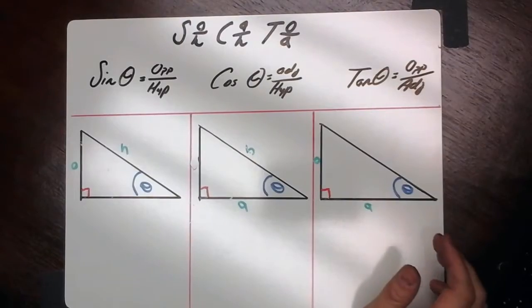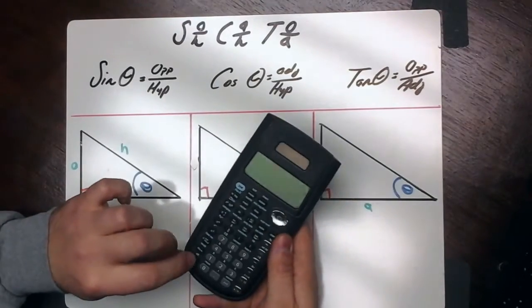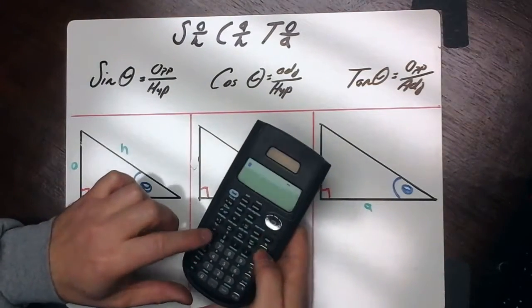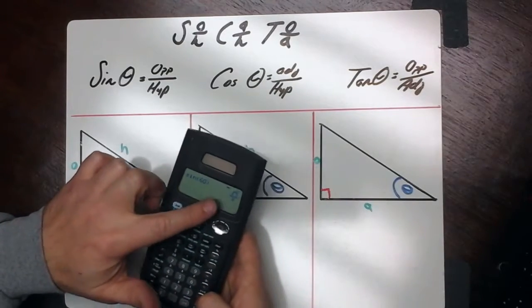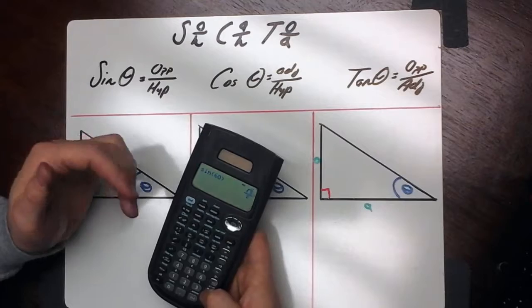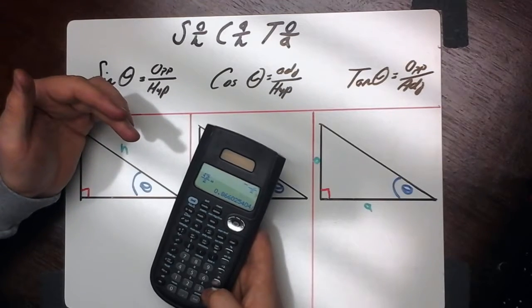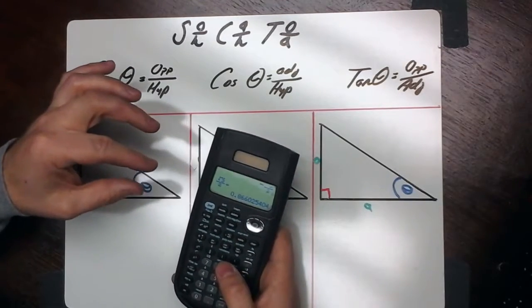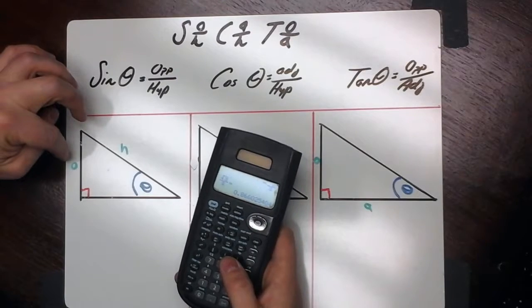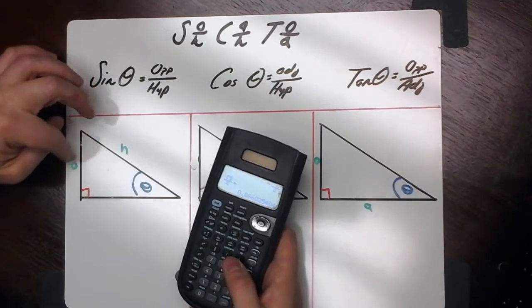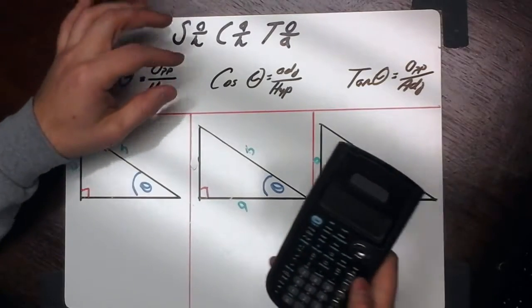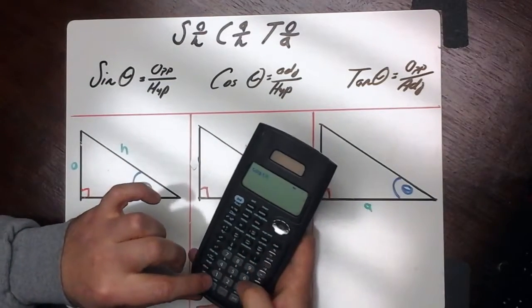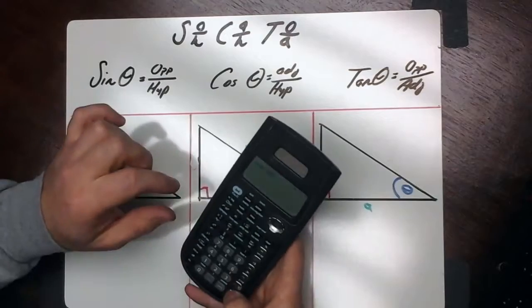So, for example, if I go to the calculator and I type in something like sine 60, I get that number, which is in radical form, or I get a decimal. That is the ratio that exists between the opposite and the hypotenuse. For cosine, I'll also use 60.